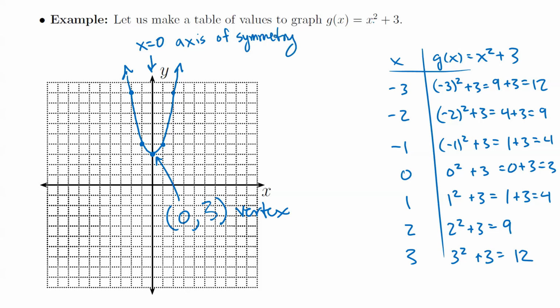When I had x squared and then added 3, it did not change my axis of symmetry. This is the x value where I still found my vertex. And so now I know that what's happening at negative 1, negative 2, and negative 3 is the same as what's happening at positive 1, positive 2, and positive 3, respectively.